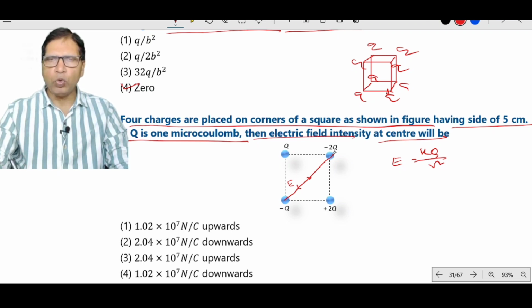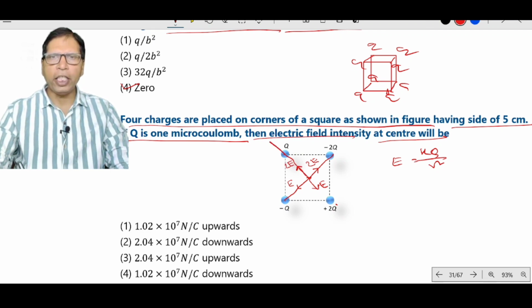Now minus 2Q charge produces electric field 2E along this direction. Here Q charge produces electric field along this direction, magnitude E. And 2Q charge produces electric field 2E along this direction.